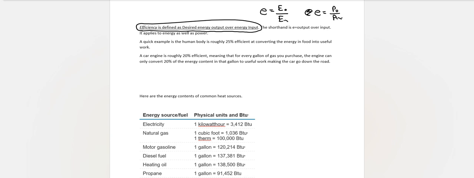Some examples. The human body is roughly 25% efficient at converting energy in the food to useful work. So if I take this formula, 0.25 is equal to your energy out divided by your energy in. If I wanted my energy out to be, say, 100 joules, and I solve for my energy input, you would get 400 joules.